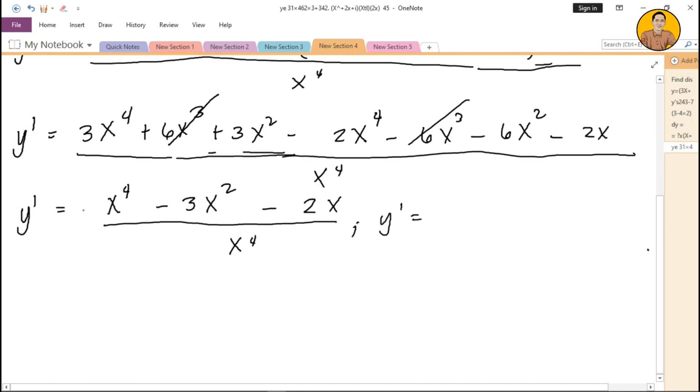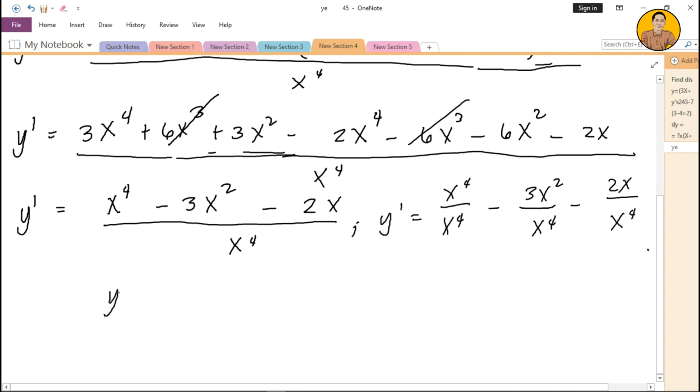So y prime, so we have here x raised to 4 all over x raised to 4, so this is minus 3x squared all over x raised to 4, so this is minus 2x all over x raised to 4. So laws of exponent natin guys, if you're dividing same base, different exponent, you just subtract those exponents. So x raised to 4 all over x raised to 4, so this is 1, so minus 3, x raised to 2 minus 4, subtract lang ng exponent.